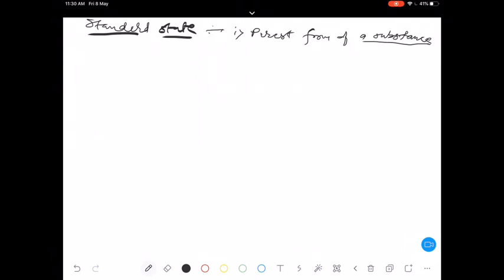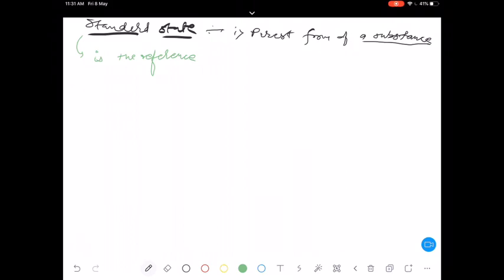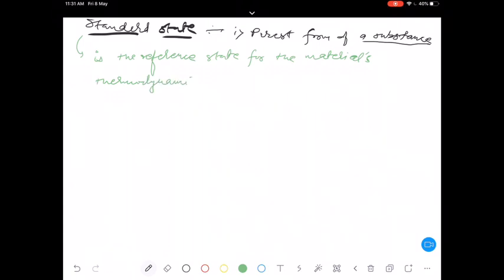So in order to calculate different properties of the given material, I'm going to define it as: standard state is the reference state for materials' thermodynamic state properties.